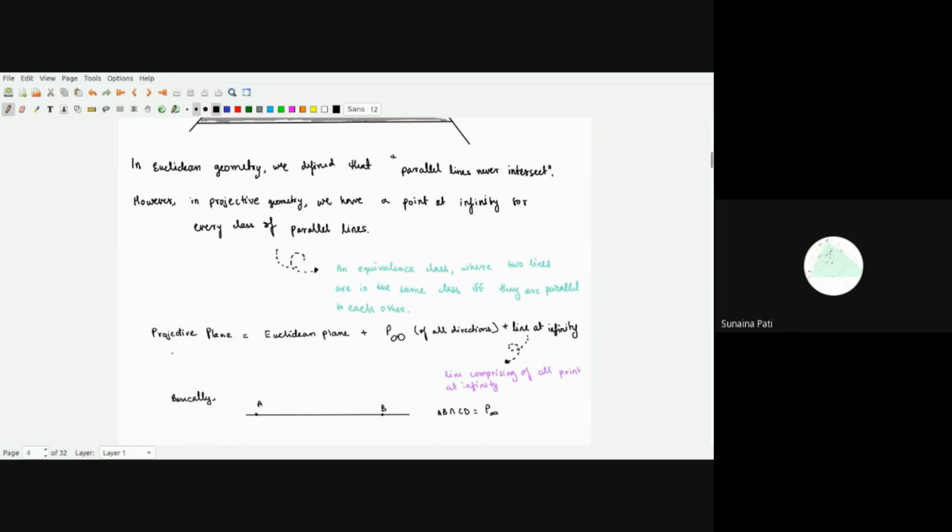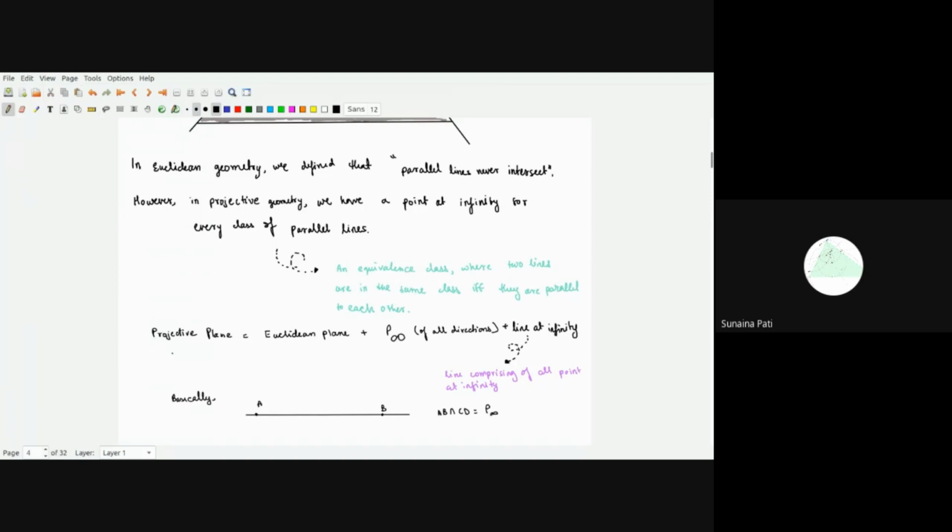I really don't know how to comment on that question. Anybody else who wants to comment on whether the projective plane is hypothetical or not? I guess it's defined. Let's take it as hypothetical as of now. I'll confirm it after the class. Is that fine?